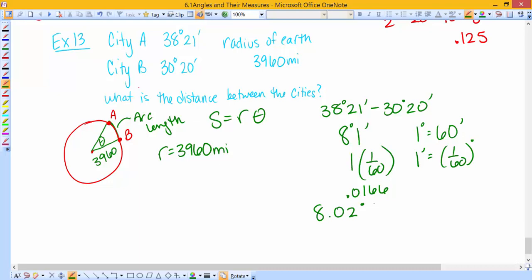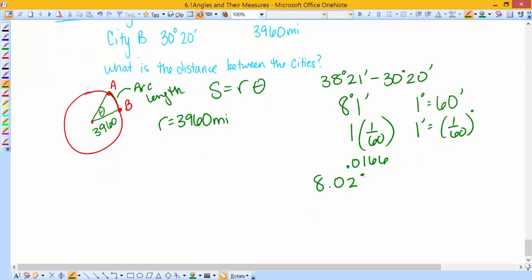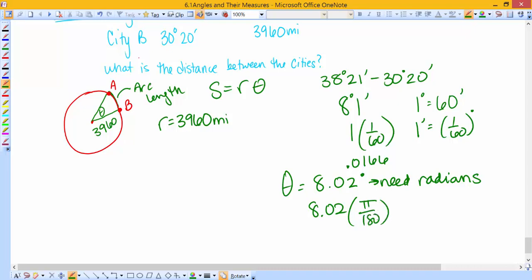Now radians is what I need for theta. So this is my theta in degrees, but I need radians. So 8.02 has to get multiplied by pi over 180. So I'm just going to multiply it times pi, and then divide it by 180.